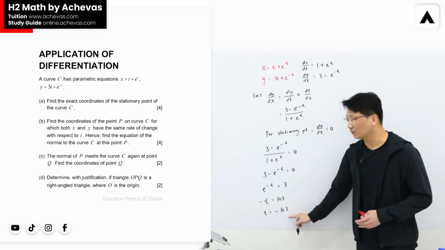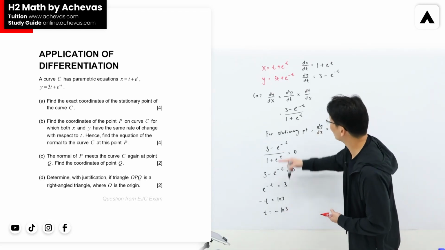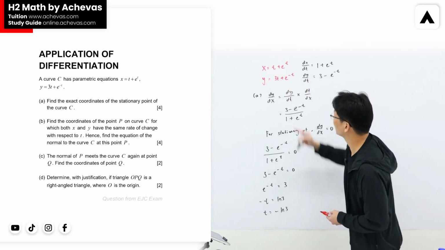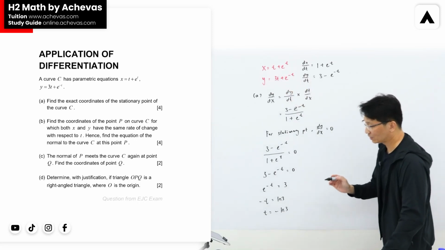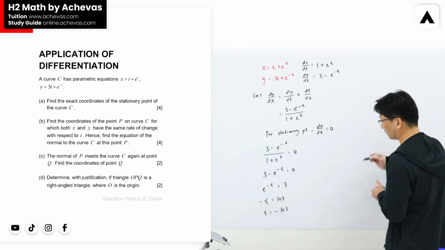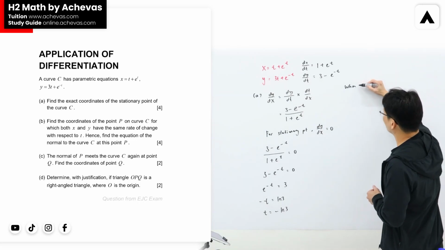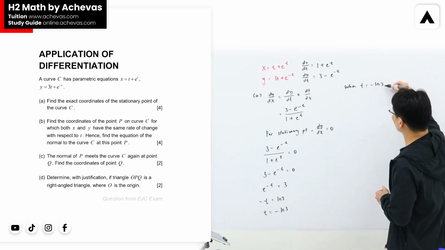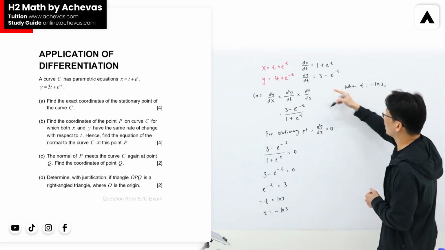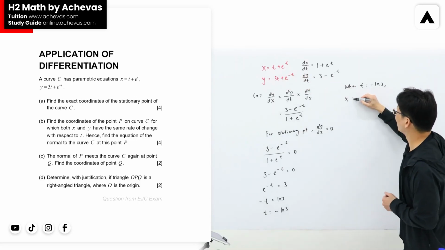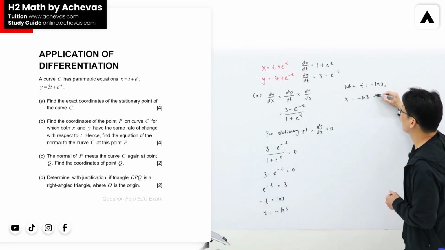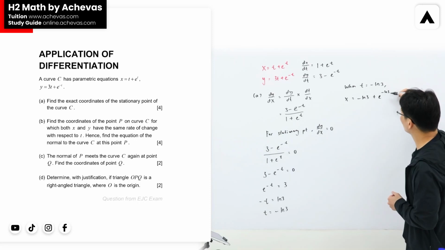With the value of t, I'm going to sub this value back into my original x and y to find the coordinates of the stationary point. When t is equal to minus ln 3, subbing into x, I will have minus ln 3 plus e to the power minus ln 3.